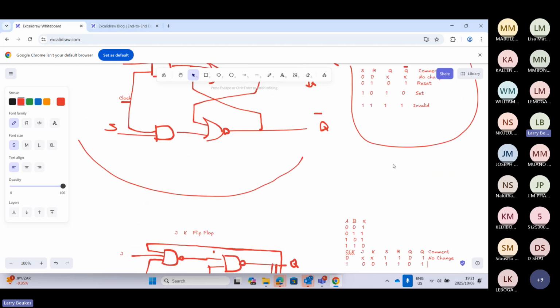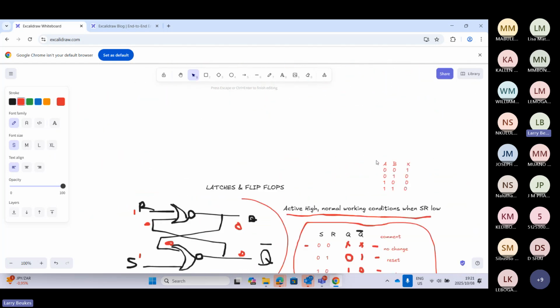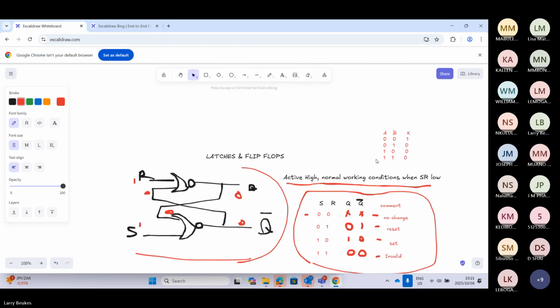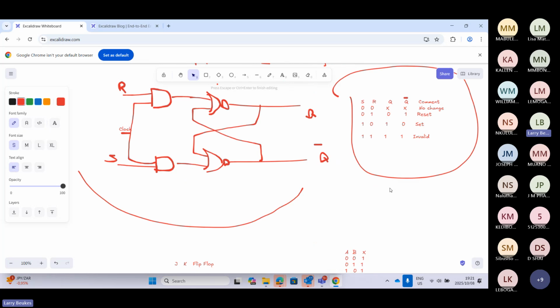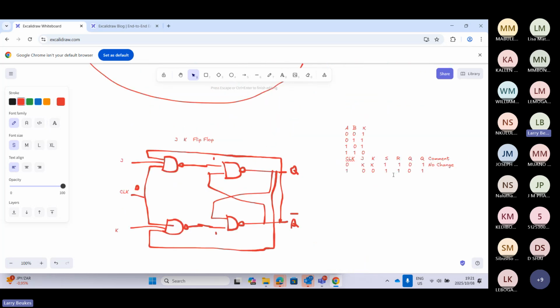Do you see that these latches were the building blocks? You see 1, 1. Remember, a flip-flop is basically still your SR latch, right? The moment this is 1, 1, there's going to be no change. So we don't even need to go further, right? 1, 1.